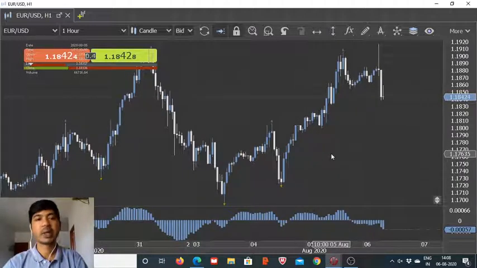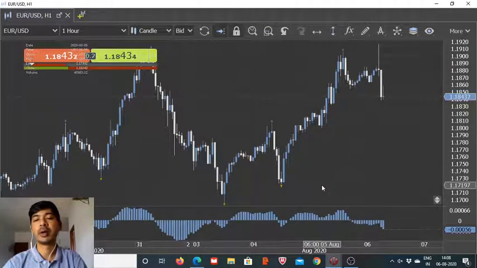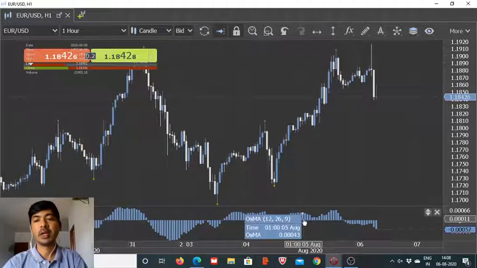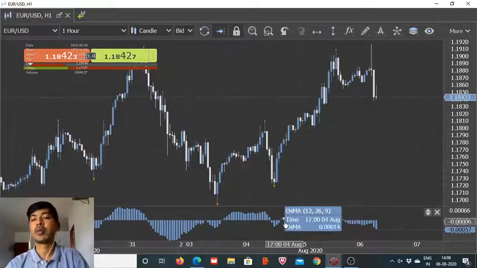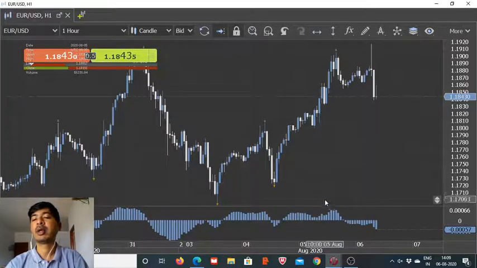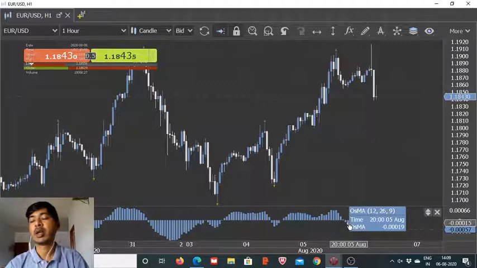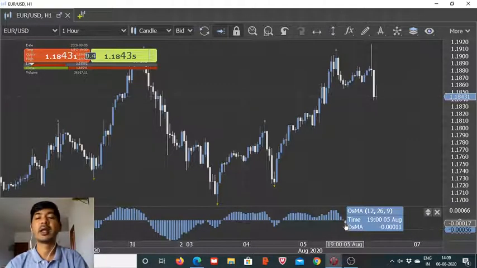In a basic setup you can use the change on the side of the oscillator's output value. Whenever it crosses from negative to the positive territory, you can consider it a trend change on the bullish side, and whenever it crosses from the positive side to the negative territory, you can consider it the sign of the starting of the negative, the bearish momentum.